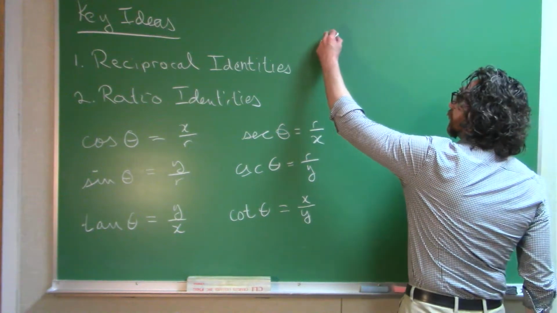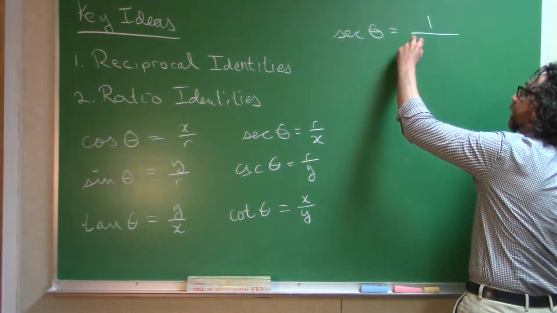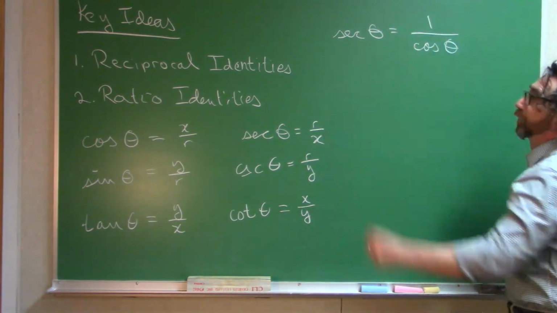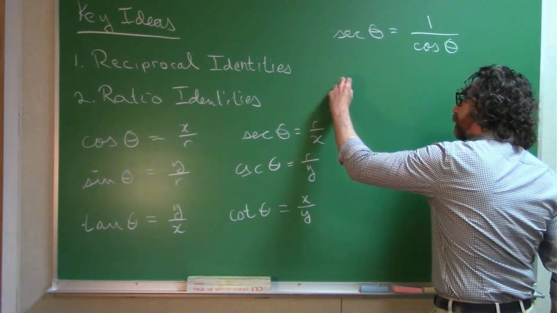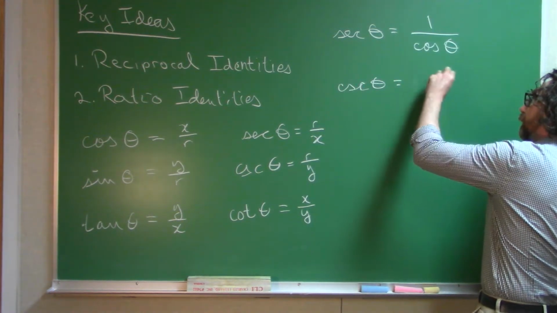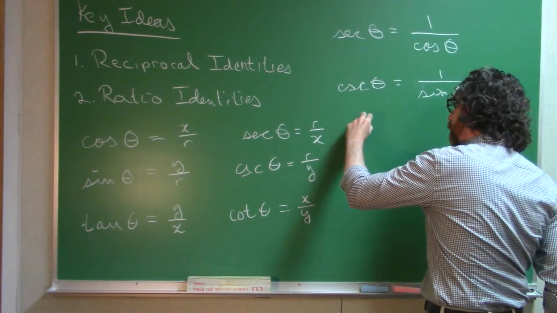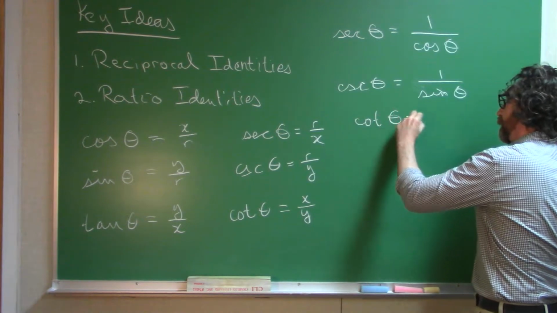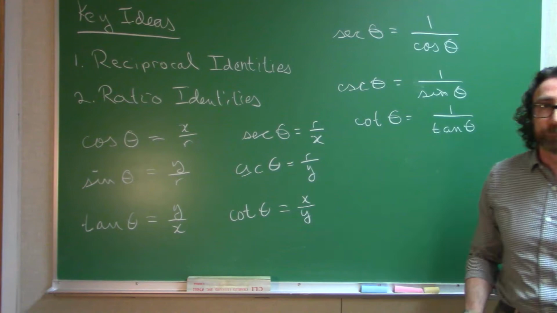So secant theta is the reciprocal of cosine. Similarly, cosecant theta is the reciprocal of sine theta, and cotangent theta is the reciprocal of tangent.